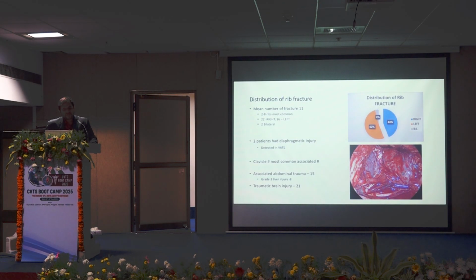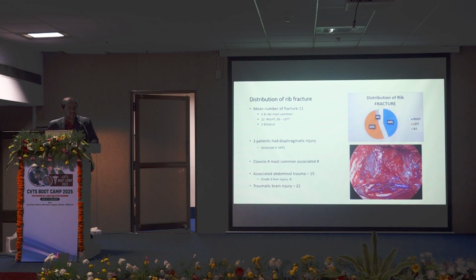Regarding the distribution of rib fractures, the mean number of fractures is 11. Ribs 2 to 8 are the most common fracture sites. 22 were fractured on the right and 26 on the left. We also had 2 bilateral rib fractures in train accidents. And 2 patients had diaphragmatic injury, which is very important.